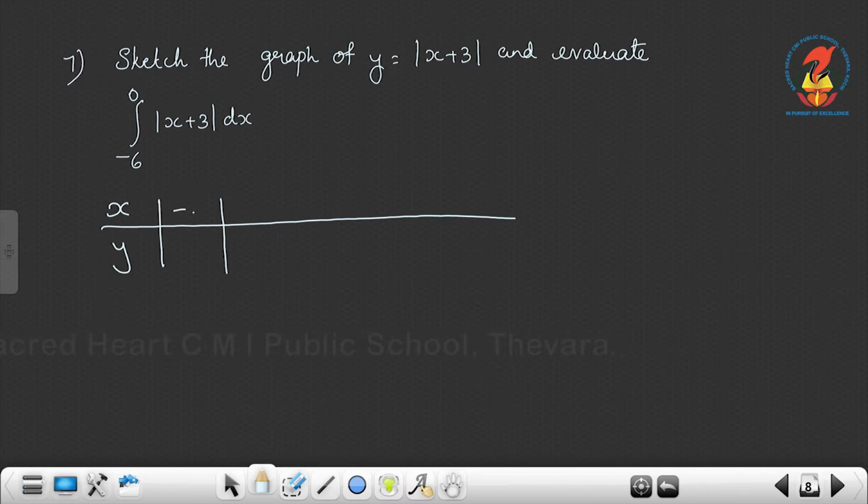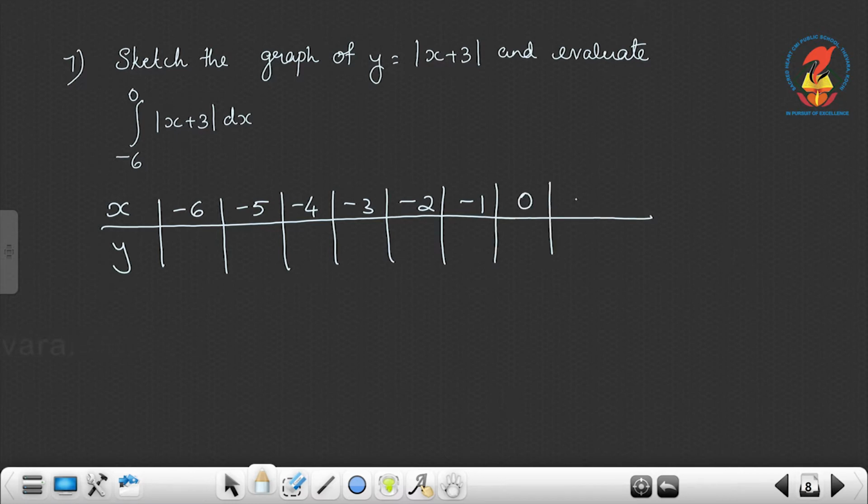So I am starting with x is minus 6, minus 5, minus 4, minus 3, minus 2, minus 1, then 0, 1, 2, 3. When x is minus 6, minus 6 plus 3 is minus 3 and modulus is 3.